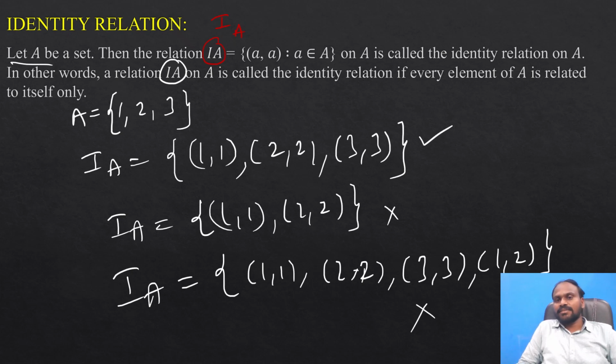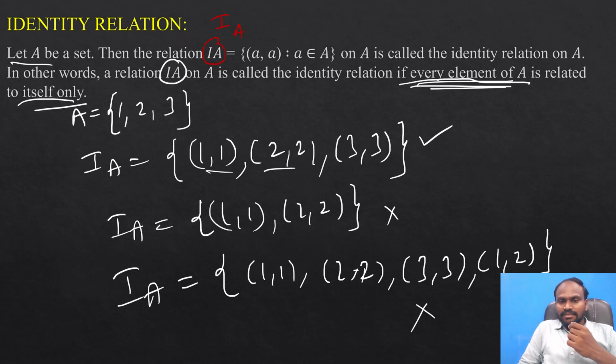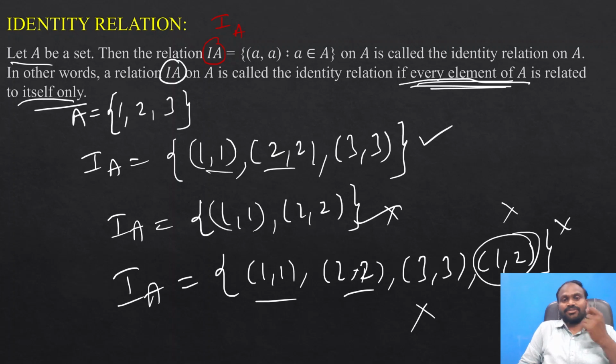This is the only identity relation, because whatever elements we have in A, all the elements should map to themselves. If every element of A is related to itself, every element of A. Okay. So here 3 is missing, and here you can see every element of A is relating to itself, but (1, 2) is extra here. So 1 is not relating to itself. So that's the reason it is not an identity relation. Okay, students.